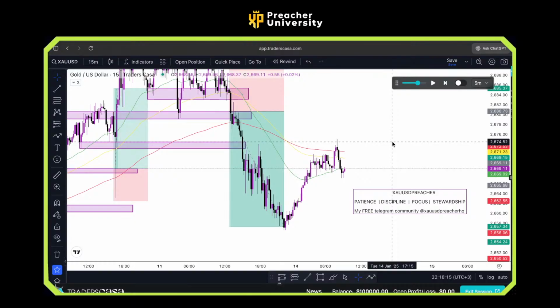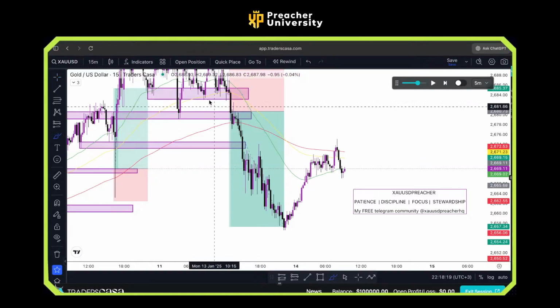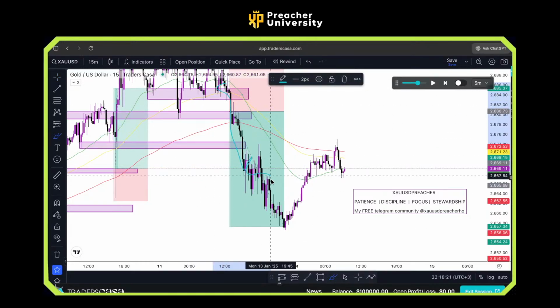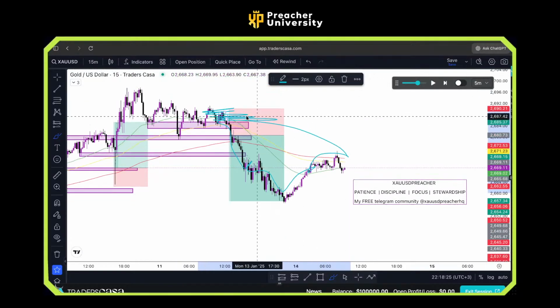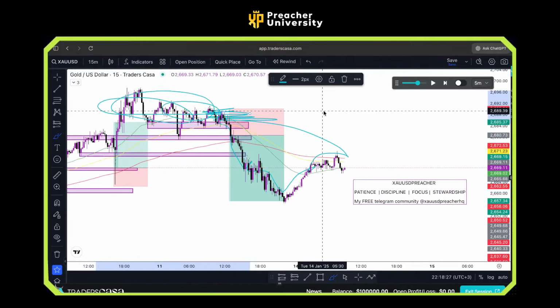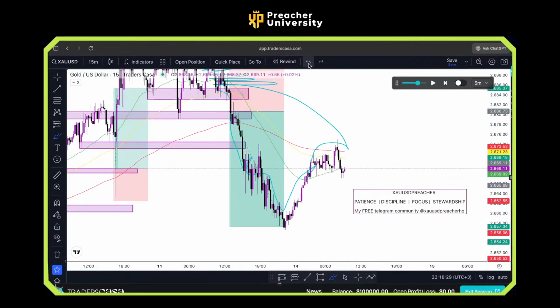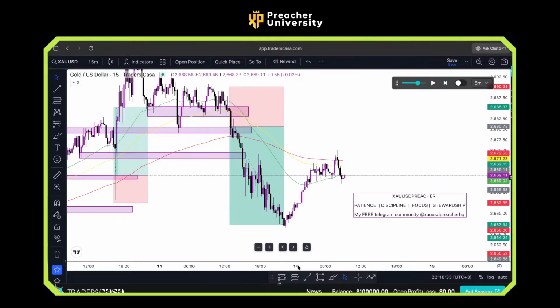So let's go again over this. From the market structure point, we can see that this has been bearish. It has not yet broken this zone up here, but the market could potentially go back there. So what do we want to do at the moment? Very simple.